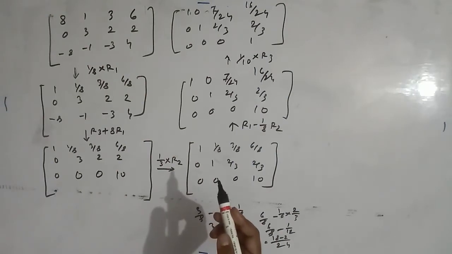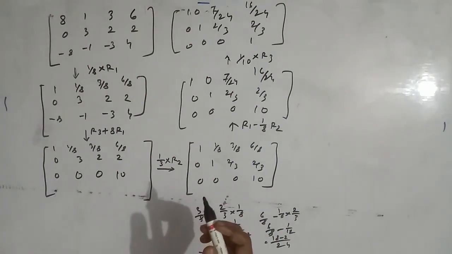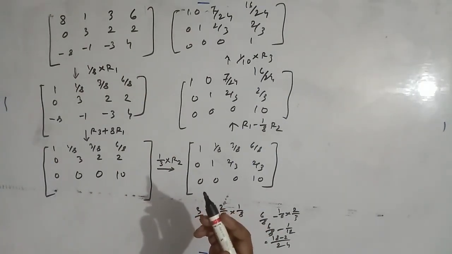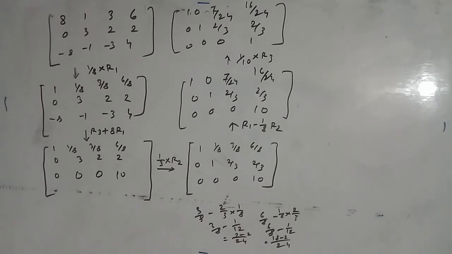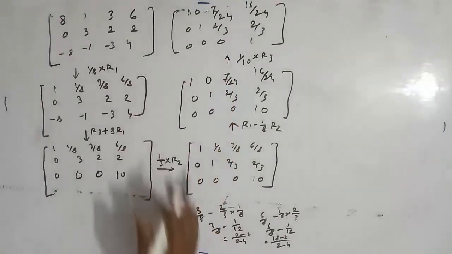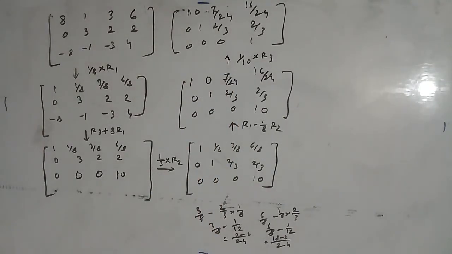So now leading element of row 3 is 1. This leading element is contained in the third column. So in the third column the remaining elements are not 0, so we can make it 0.